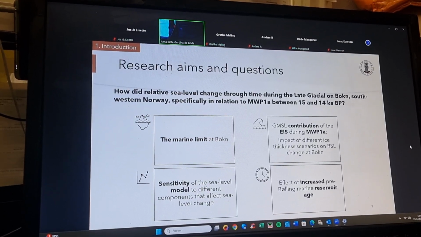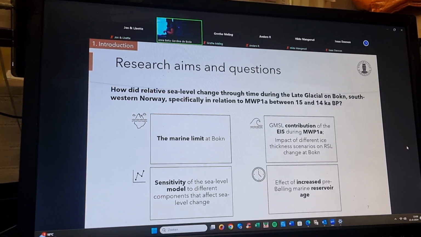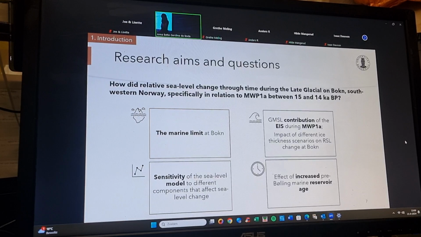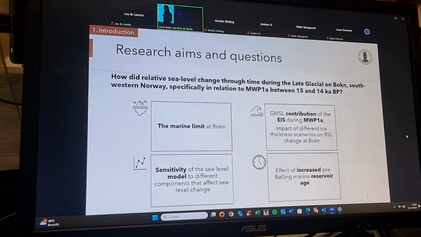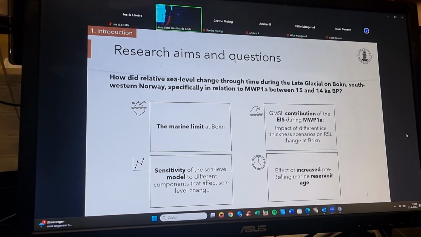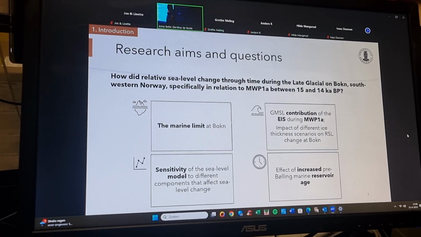Then I have some sub-questions and other aims. I want to know how high the highest sea level after the last deglaciation is, the marine limit. And I want to investigate the potential contributions of the Eurasian ice sheet during meltwater pulse 1A.